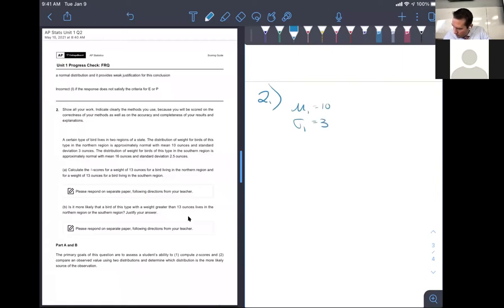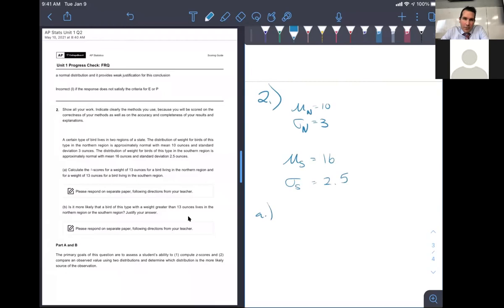The distribution of weight for the southern region is approximately normal with a mean of 16 ounces and a standard deviation of 2.5. Okay, so that's our information we're given.